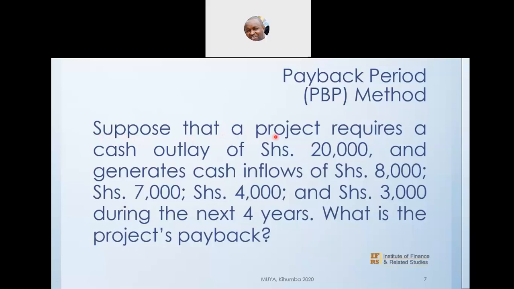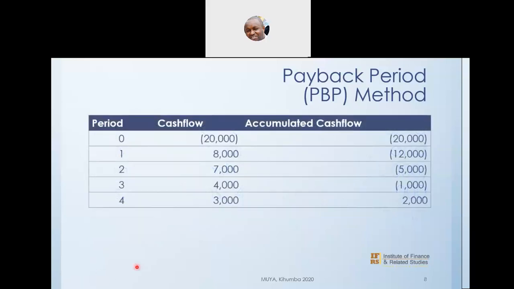Suppose we have a project that requires a cash outlay or an initial investment of 20,000 shillings and generates cash inflows of shillings 8,000, shillings 7,000, shillings 4,000, and shillings 3,000 in years 1, 2, 3, and 4 respectively. What is the payback period? The best way to sort this is you use a table.